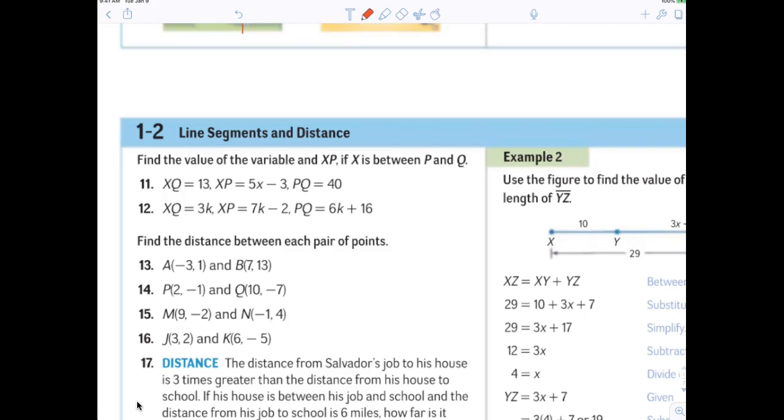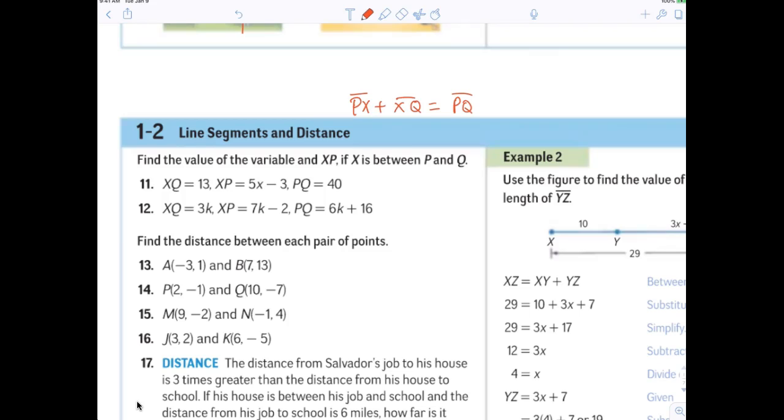If X is between P and Q, then the segment addition postulate states that PX plus XQ equals PQ. Make sure you got that. That's really important. It basically just means the 2 parts add up to the whole. That's all.